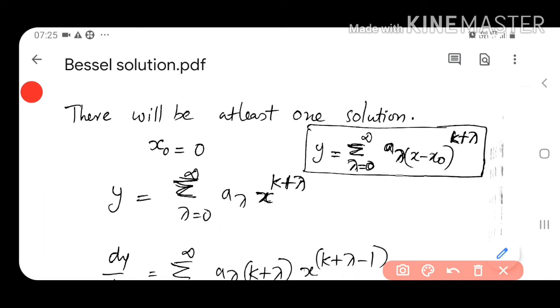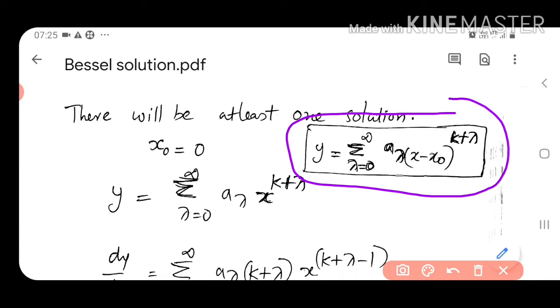So the solution that we assume is y equal to sigma lambda 0 to infinity a lambda (x minus x0) to the power k plus lambda, where x0 is the point of expansion, and we are taking x0 as 0.